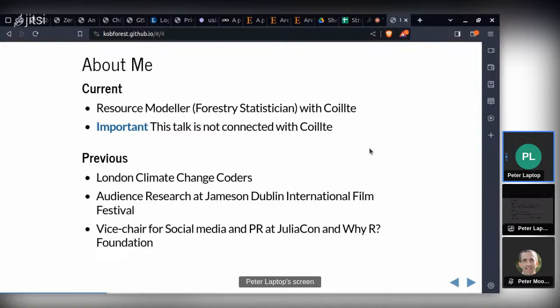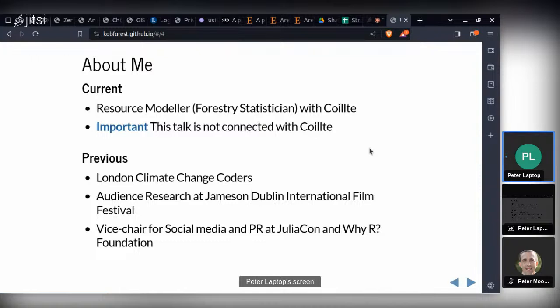About 10 years ago, there was a collective in London called the Climate Change Coders Meetup, and this part of it comes from there. A couple of other things relate to public perception and engaging with citizen science.